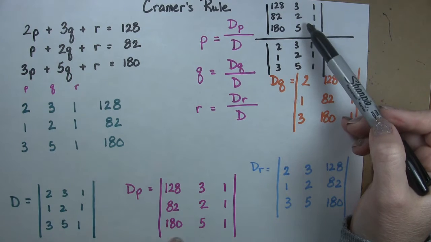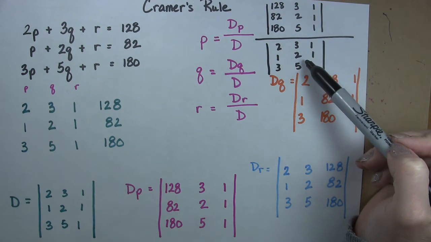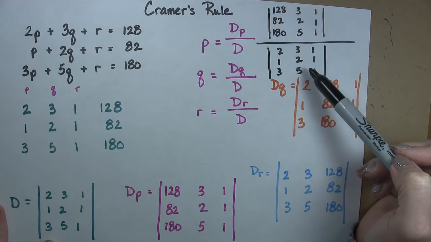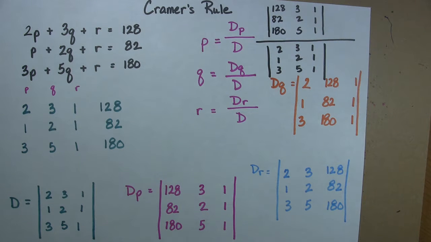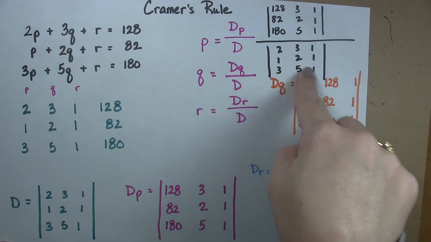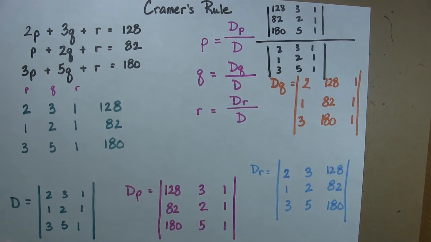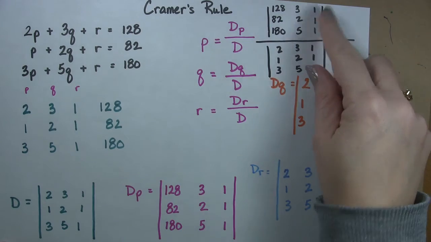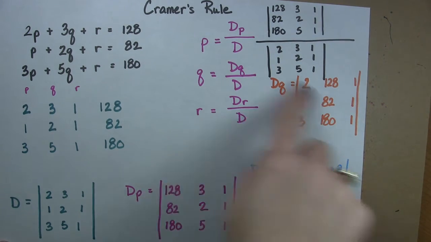Because this is D sub P divided by D. And that is all there is to Cramer's rule. Now I know that you're looking at this and you're saying, but what in the heck does this mean? Yeah, well, that's a different video. Right now, all you need to know is how to make these charts.